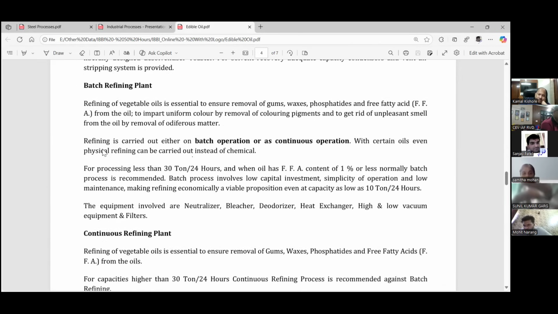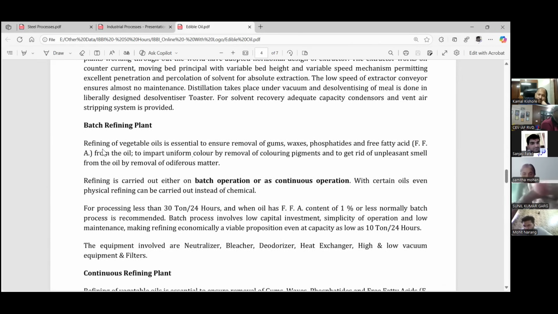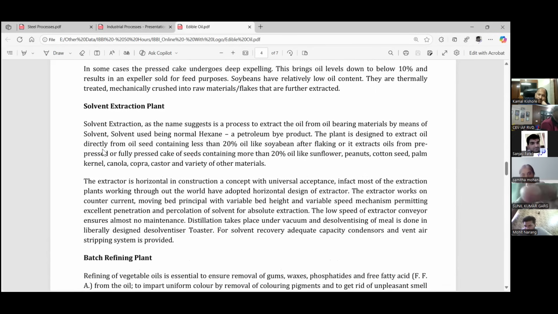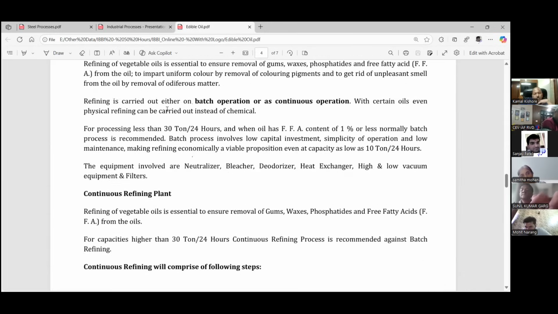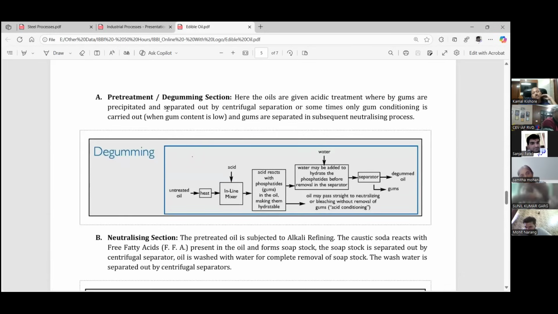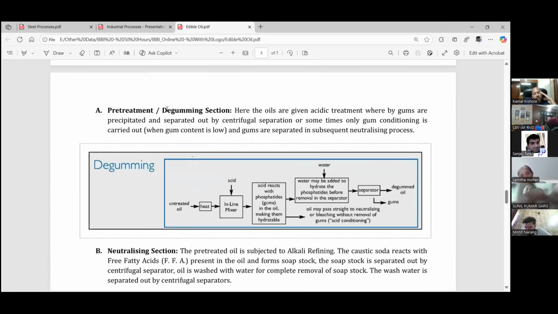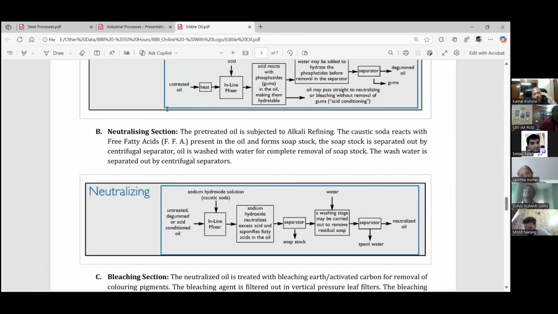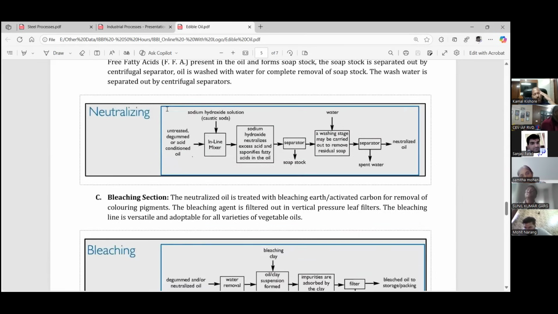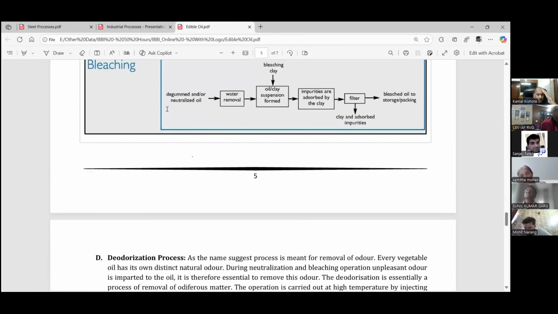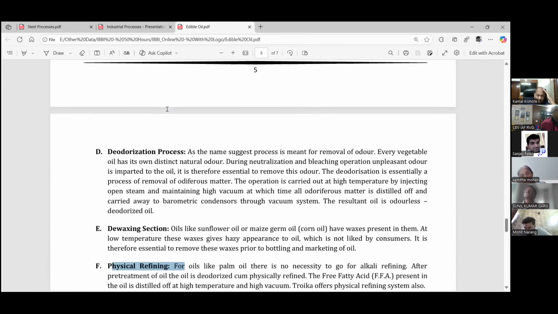Okay. So the major machinery used in it is a solvent extraction plant. Then the reaction vessels, that are the degumming reactors, the neutralizing reactors, the bleaching reactors, the dewaxing reactors, and the deodorization reactors.